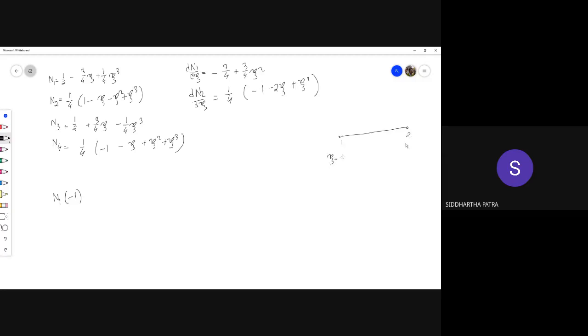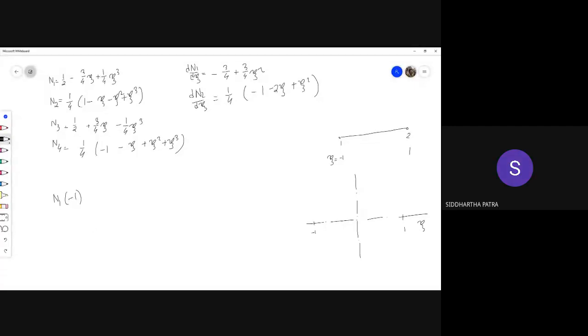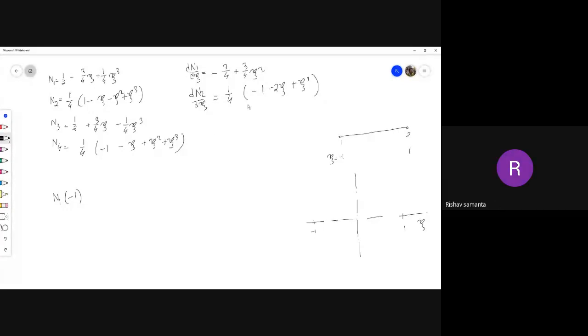Xi values are -1 and 1. Sir, the expression for dN2/dxi, that will be 3 xi squared, isn't it? Yes, 3 xi squared. Correct. Acha.